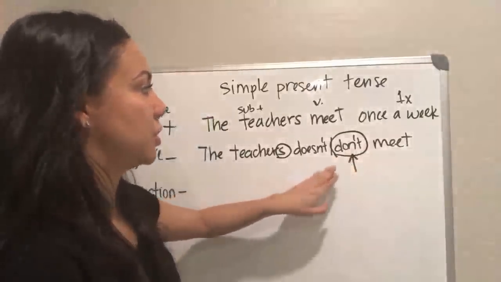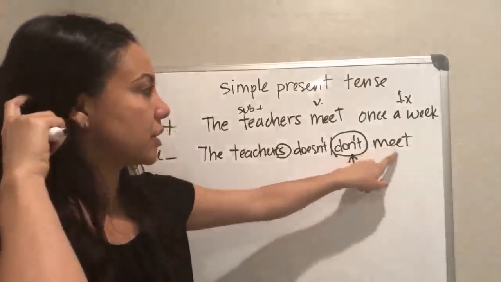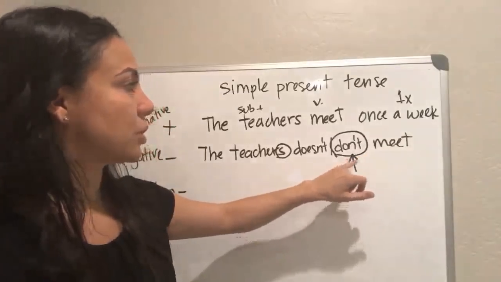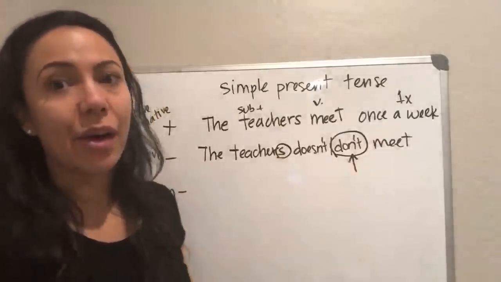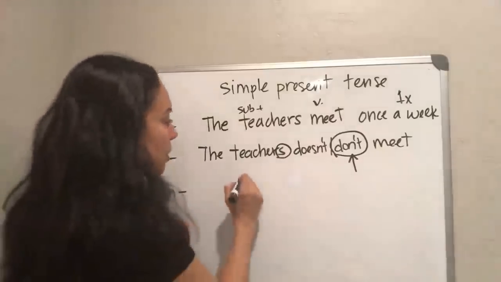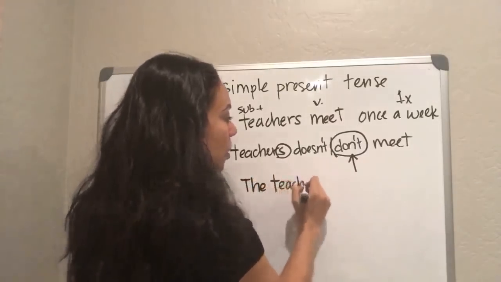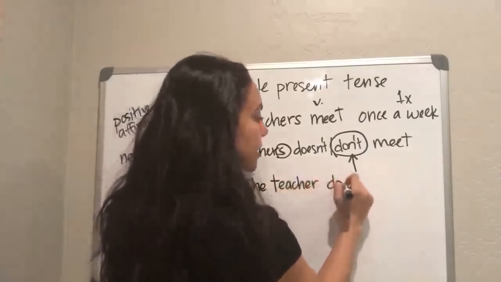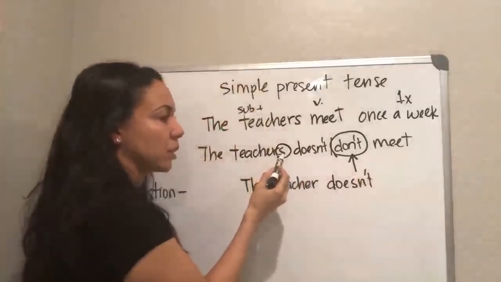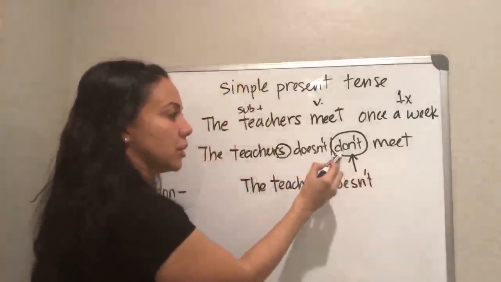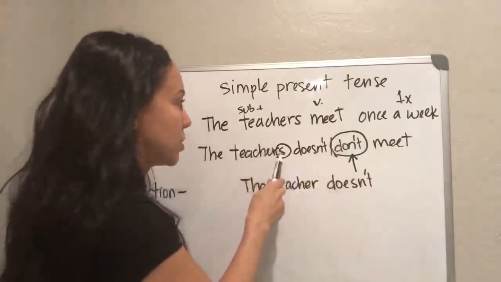We're gonna do the teachers don't meet, because it's plural. Now if it was one, a teacher, the teacher, we're going to say doesn't. It's singular. But because it's plural, we're going to use don't. It's the third person plural. The teachers don't meet.